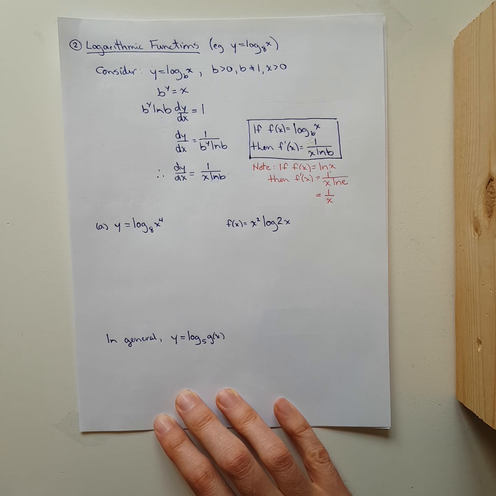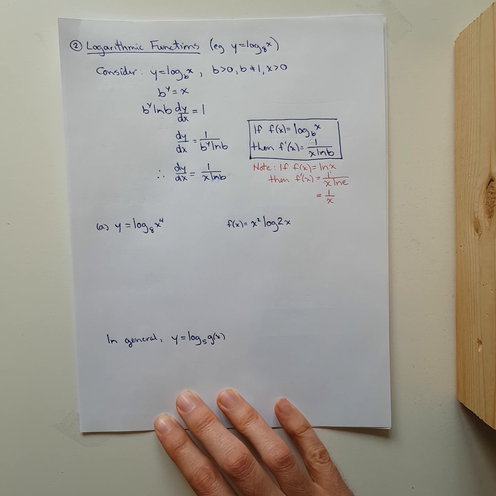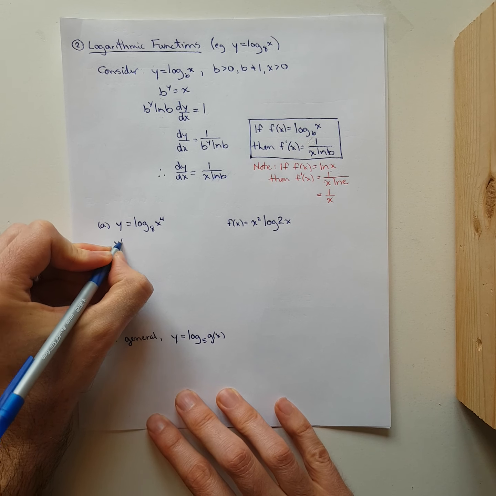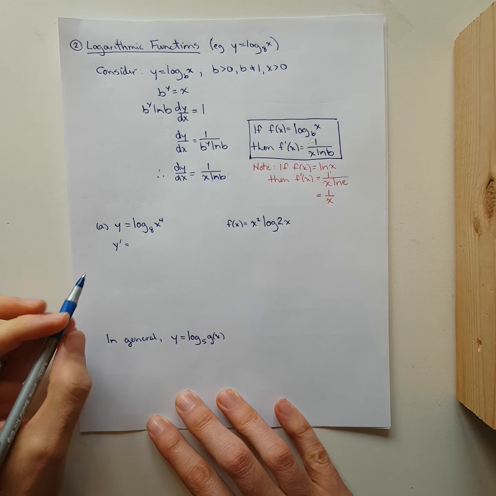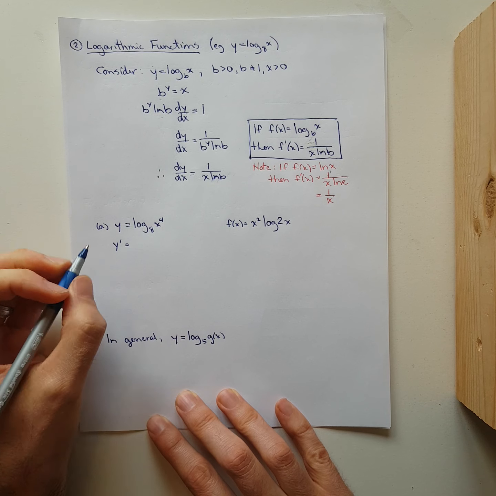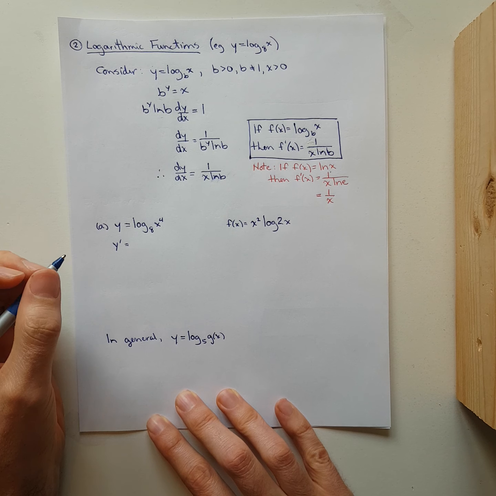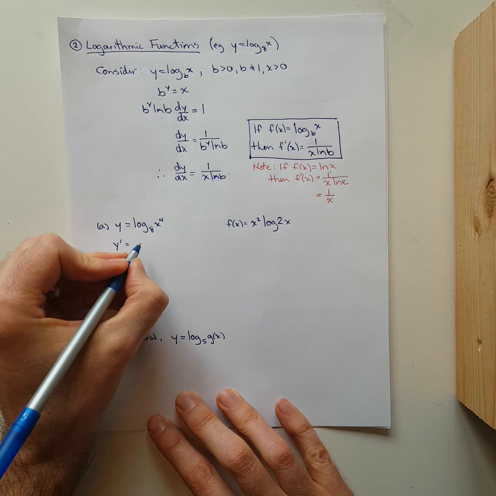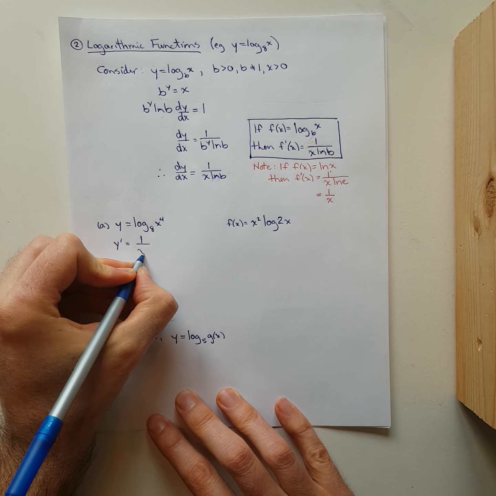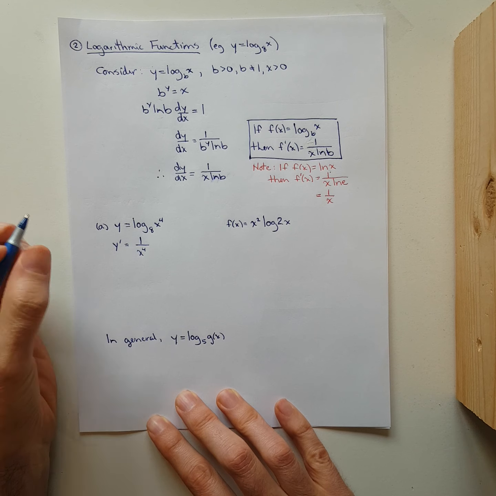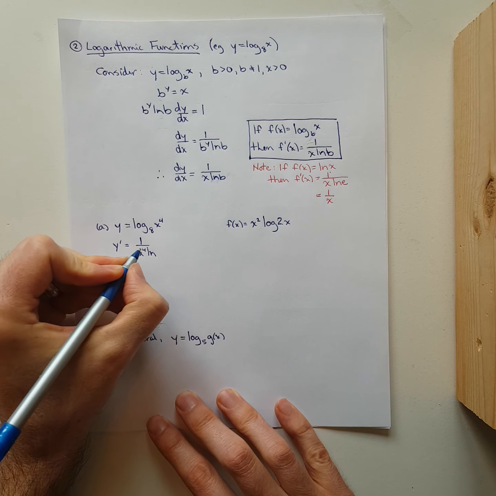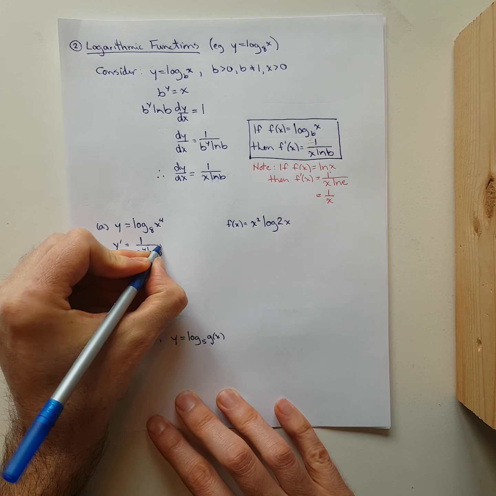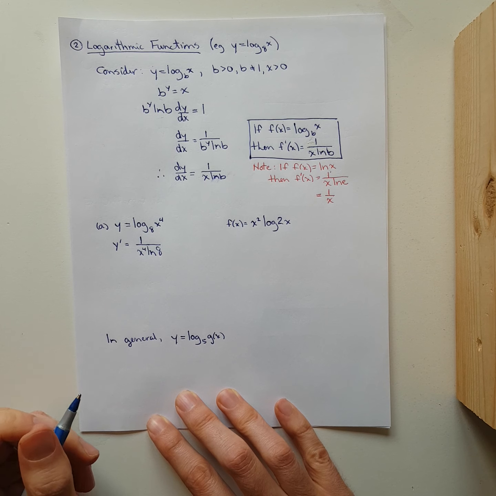So a few examples we'll work through, and then time for you guys to try it on your own. If I take the derivative here, I would get y prime equals. The derivative of any logarithmic function is always going to be 1 over the argument, so 1 over x to the exponent 4. The new part is that we now need to multiply by ln of the base, so ln 8.